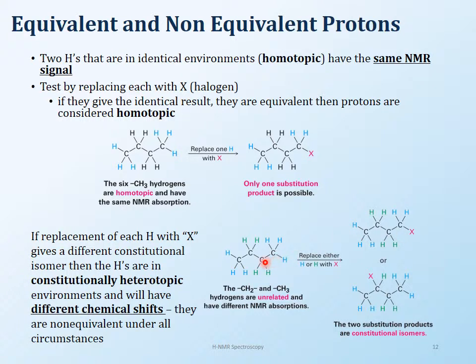So here, for example, if I replace the green protons and the blue protons with halogen, then I will get two different compounds, which is what tells me that I have heterotopic hydrogens, and so I have two different kinds. So I usually don't do this for my compounds. I usually work with symmetry and I look for the environment, so I'll explain that also.